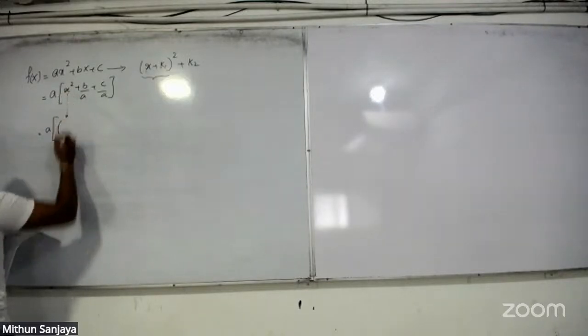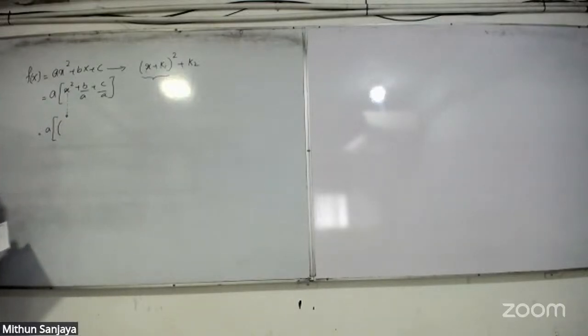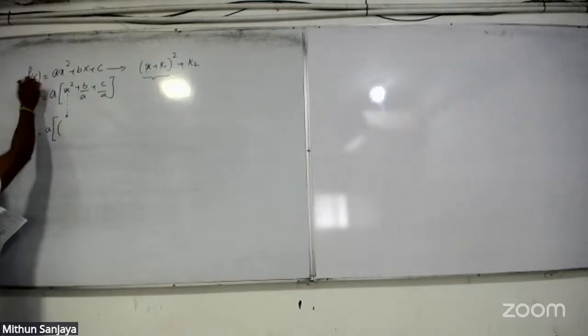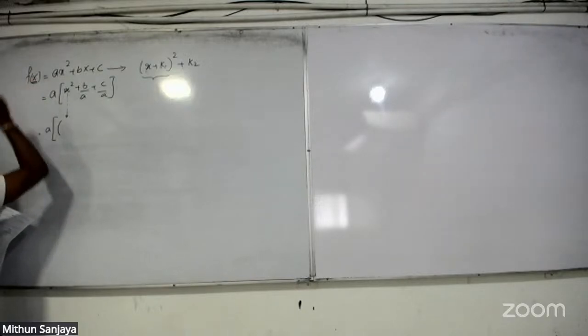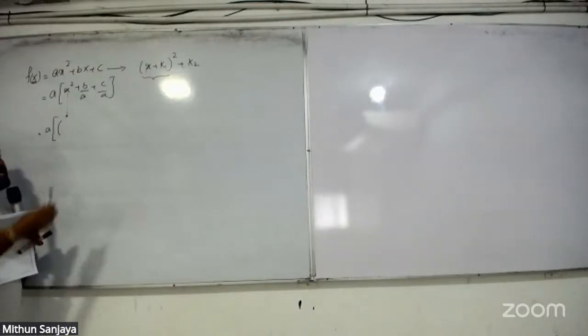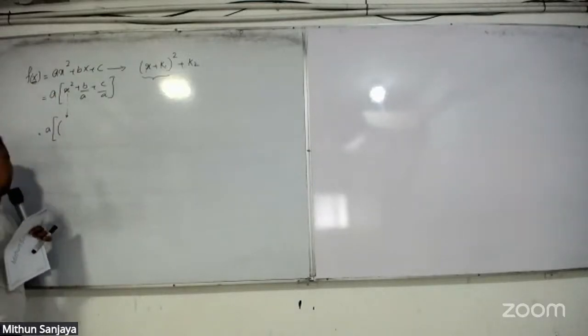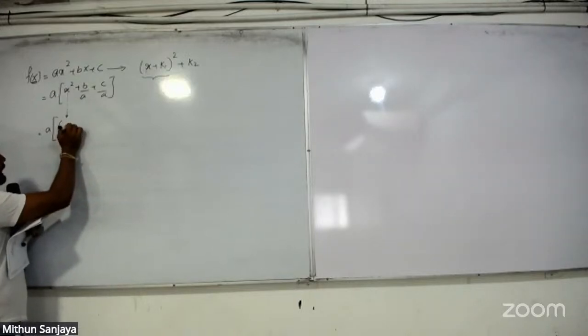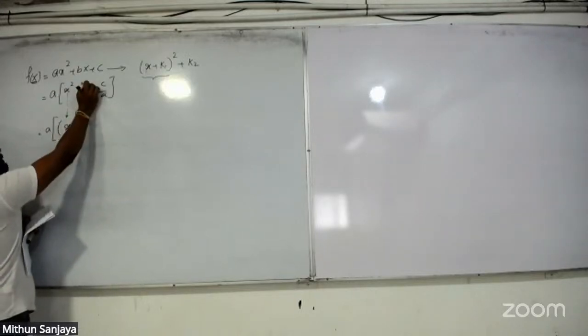Variable term means x. Why? Because here we write f(x), which means function of x. Here we write x, that's the variable.